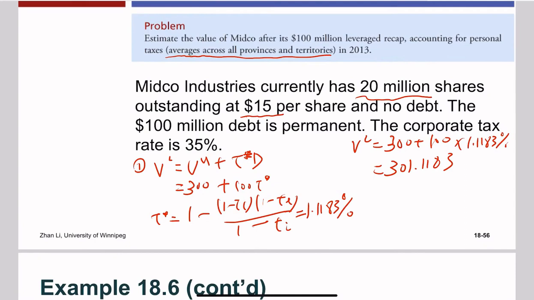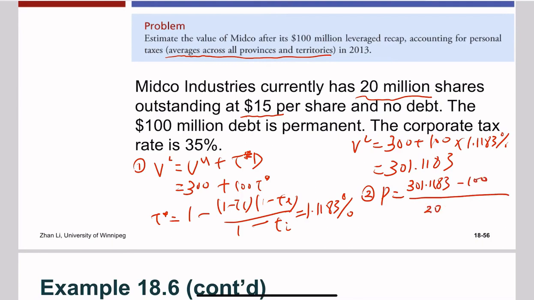And now, how do you find out the share price? Again, we know all original shareholders will benefit from this leveraged recap. So this essentially means the share price equals the total value of equity divided by number of shares.